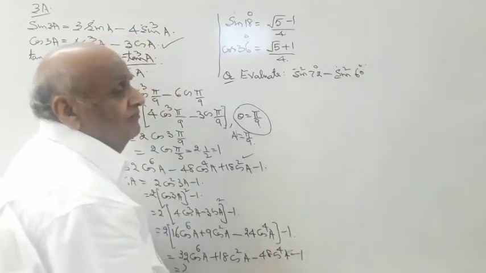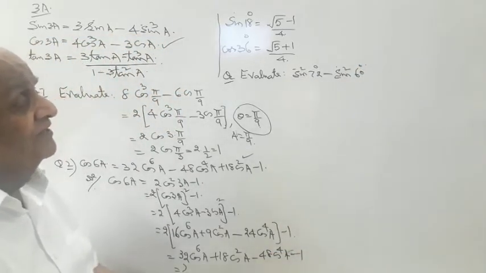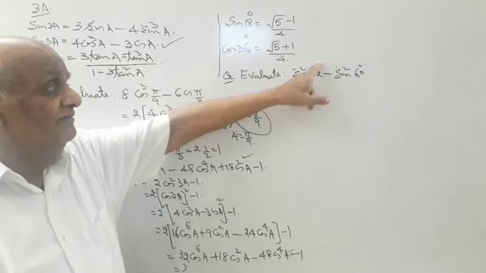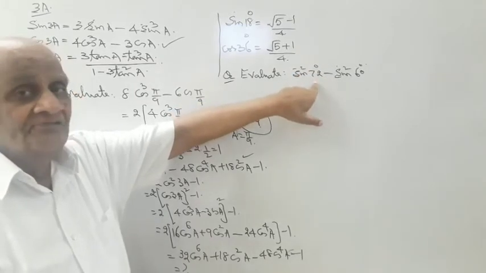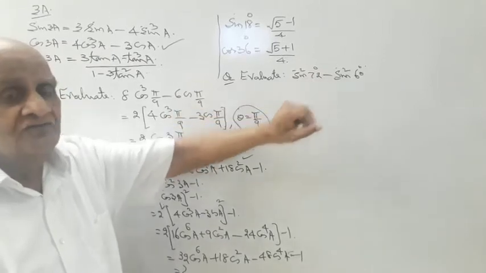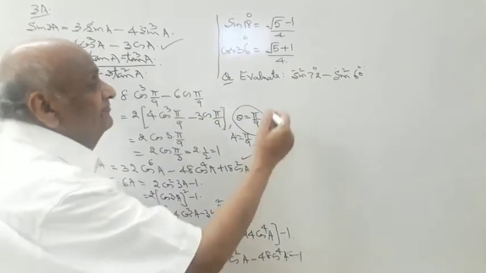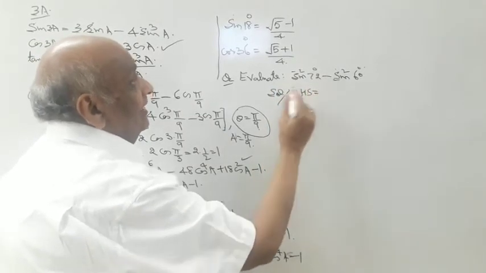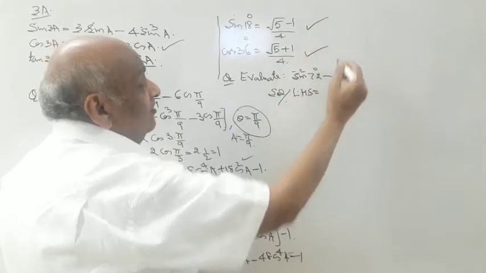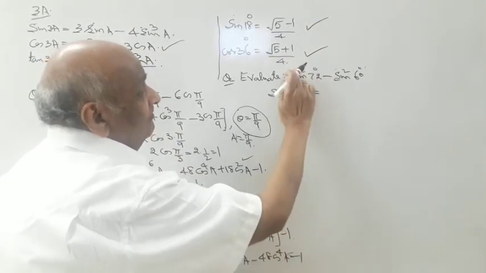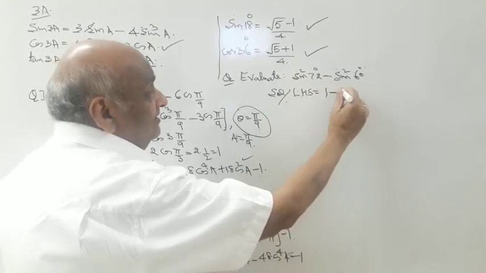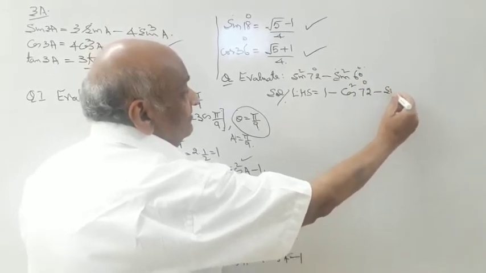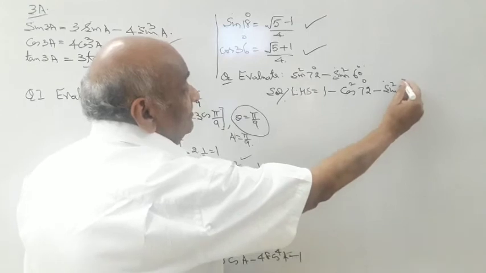See now this problem. I know the value of sine 60, but sine square 72 is not known. As I told you previously, we are not to remember results like sine 72. Whenever we come across this, on the left hand side, always concentrate on sine 18 and cos 36. It is sine square of 72 degrees, 1 minus cos square 72 degrees, minus sine square of 60 degrees.